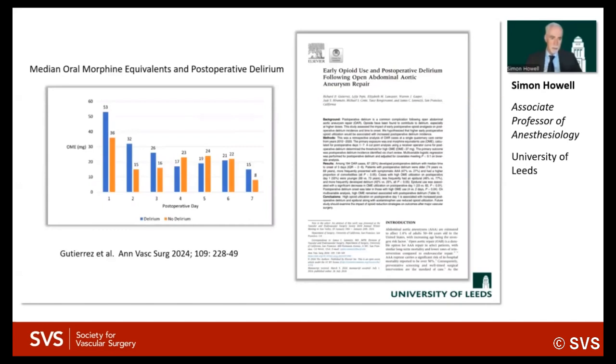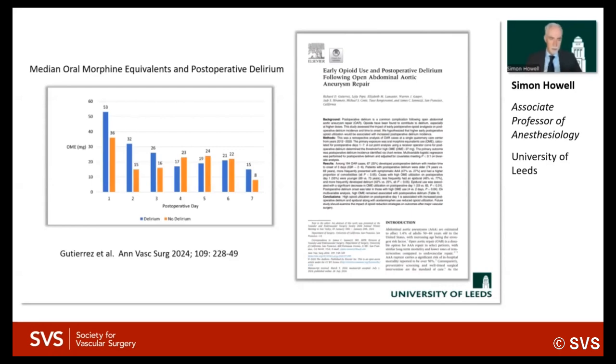In this study, the authors looked at postoperative delirium, comparing patients who received epidural anesthesia and those who did not, and looking at the opiates they were given in oral morphine equivalents in the 7 days after surgery. Those who developed delirium were less likely to receive epidurals and more likely to receive high doses of opiates in the first 3 days after surgery.